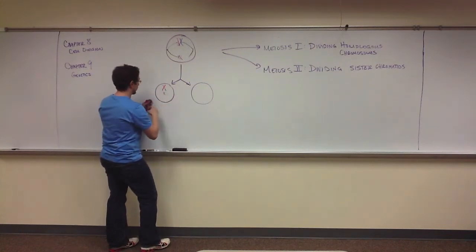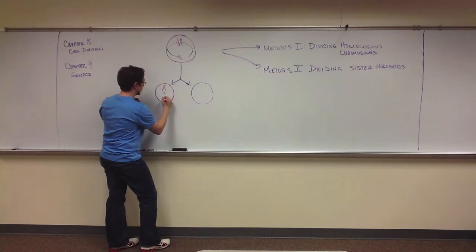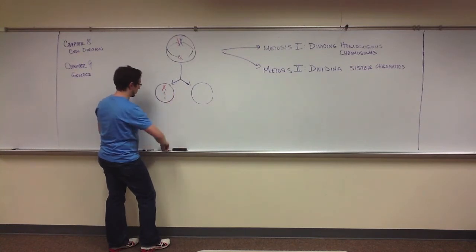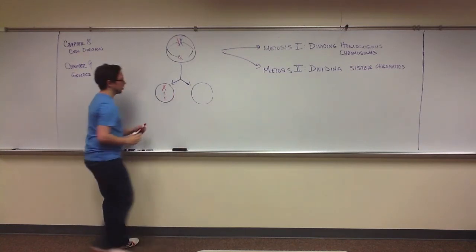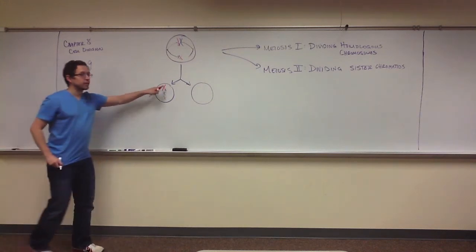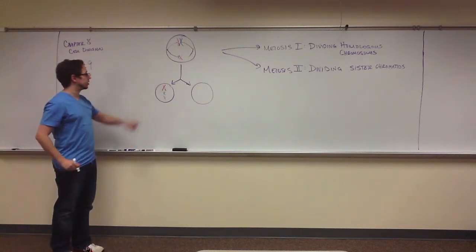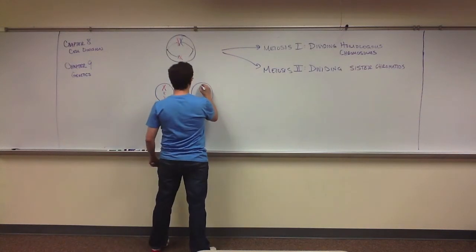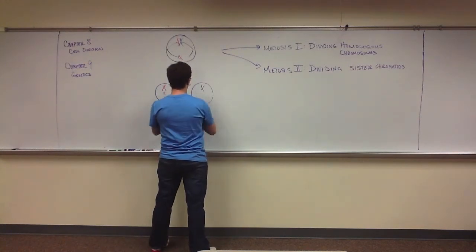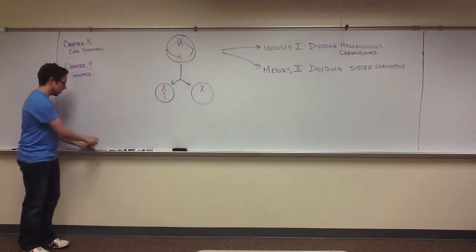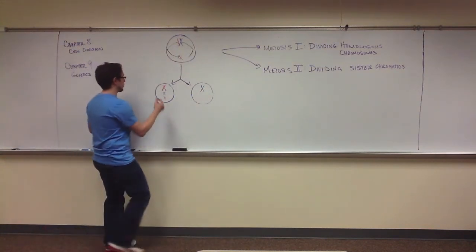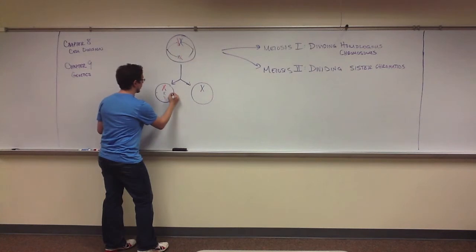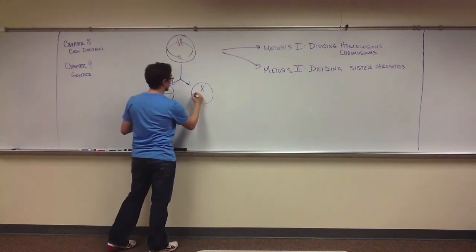And they probably have crossed over. It's going to look like this, and it's going to look like this. So I now have technically 3 pairs of sister chromatids in this cell. If I come over here, I'm going to find that I only have 1 pair of sister chromatids that looks like that. So when I perform metaphase on these cells, this is the event that's going to happen.